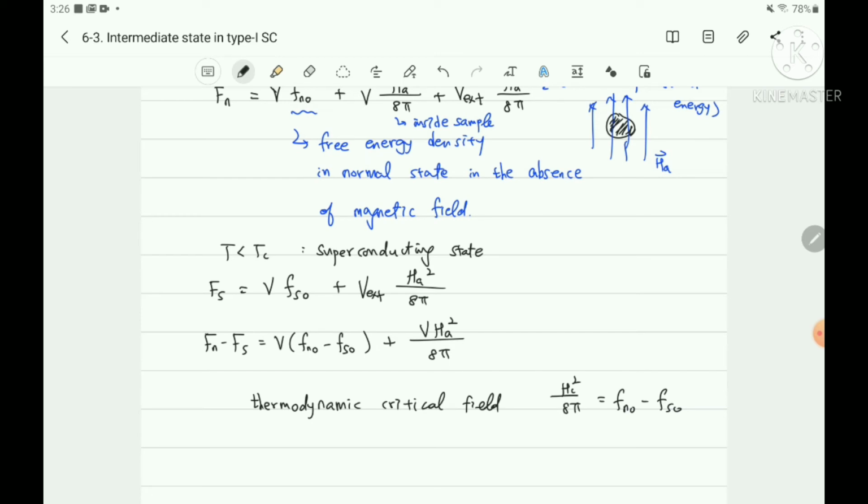This is a thermodynamic case, and therefore we can write down as V Hc square over 8 pi plus V HA square over 8 pi.